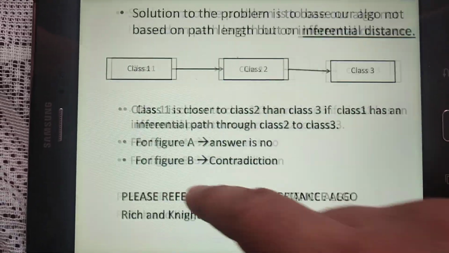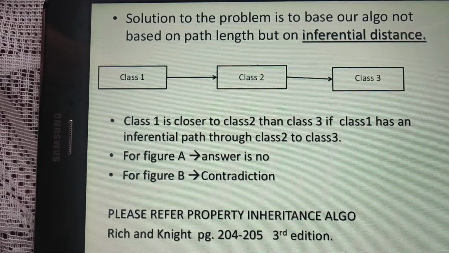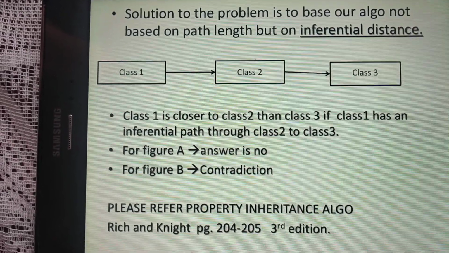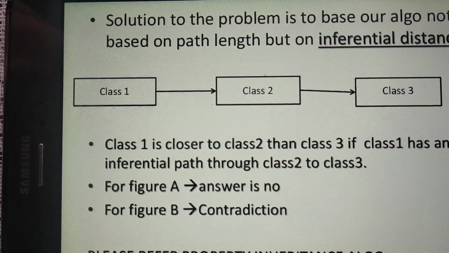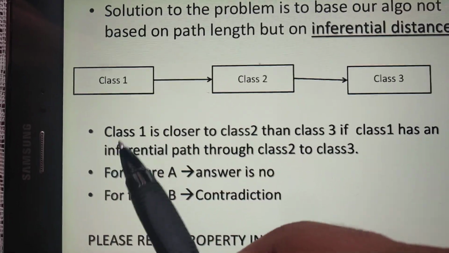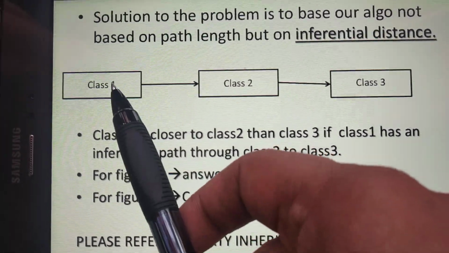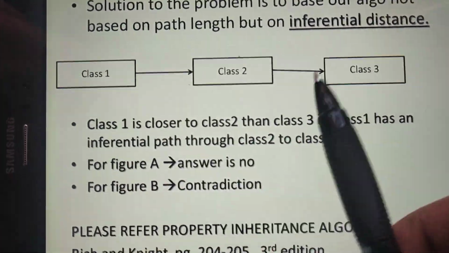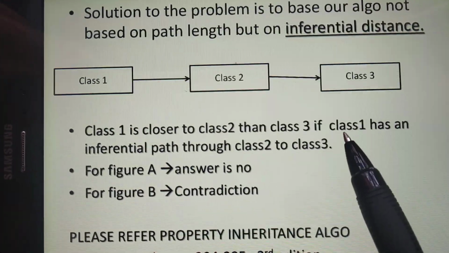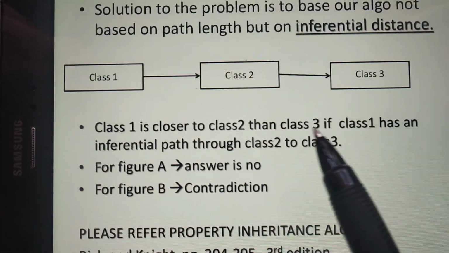So we go further. The solution to this problem is to base our algorithm not on path length but on inferential distance. Now what is inferential distance? Just note, class 1 is closer to class 2 than to class 3. This is true if class 1 has an inferential path through class 2 to class 3.